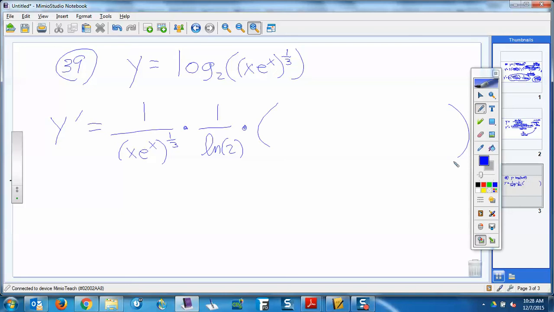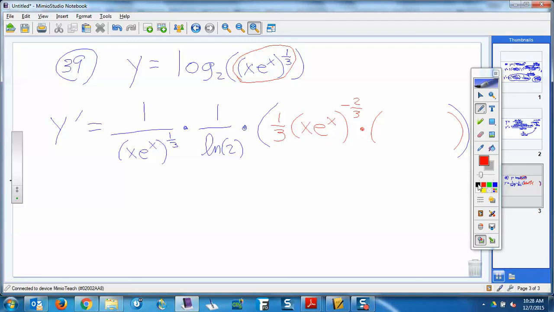potentially a mess, because there's kind of a product rule in there. The x e to the x is a product rule, and you've got this 1/3. So now we're just going to do this red part. All we're worried about now is the derivative of the inside. So that's going to be what? Bring the 1/3 down, x e to the x to the negative 2/3, times the derivative of that inside.